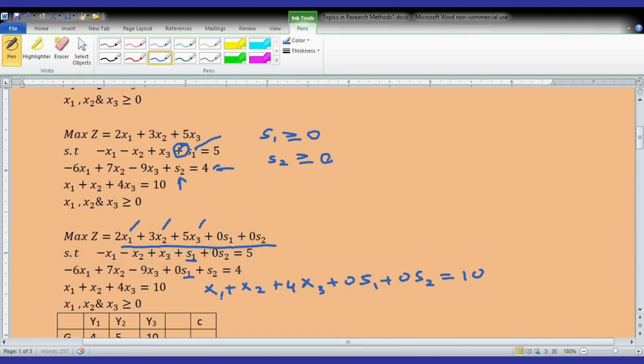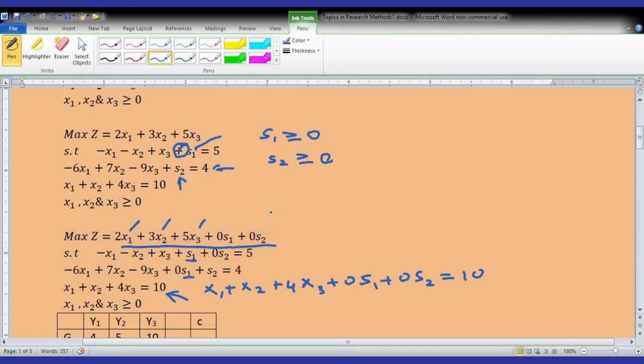See that the slack variables have been introduced only into the equations which are having weak inequalities. This third constraint, which was strictly equal on the left hand side and right hand side, we therefore have not introduced any slack here. So this is like a constraint that we cannot have less than of this facility, otherwise the objective will not be satisfied.